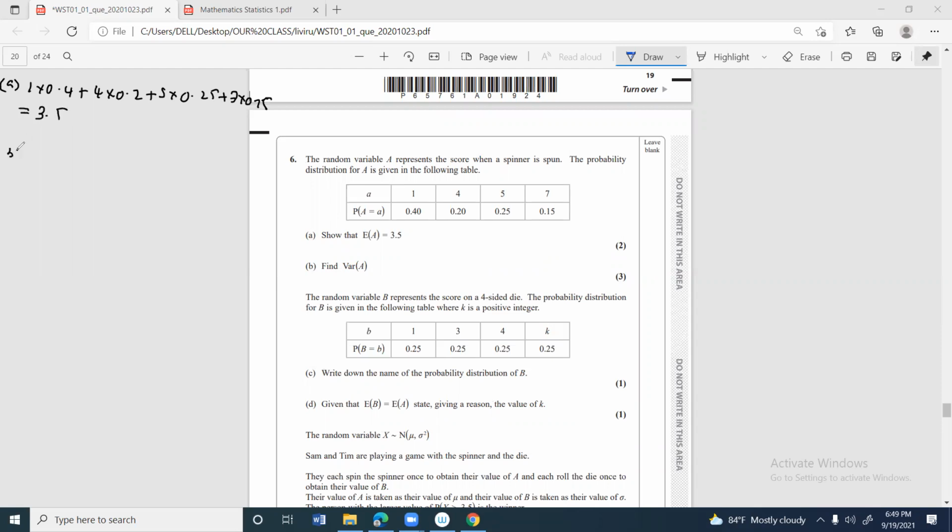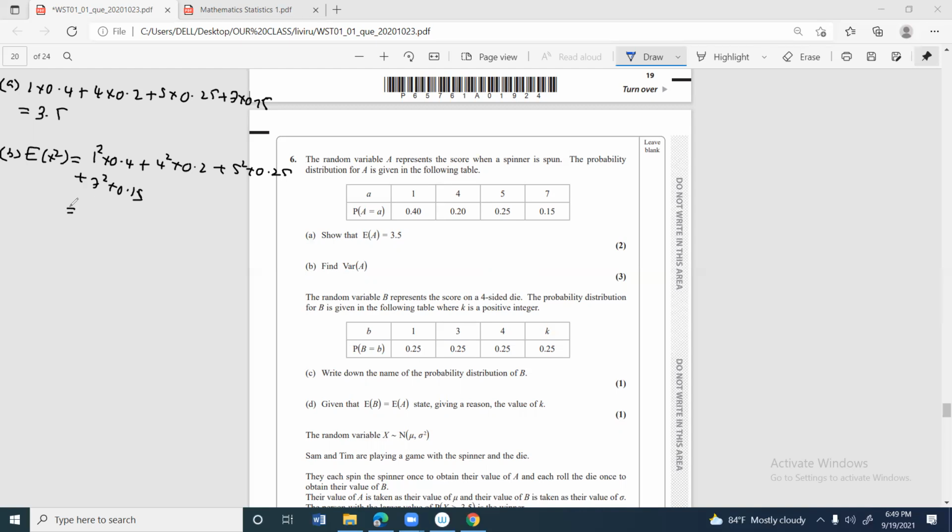Then part B, we find the variance of A. To find the variance, initially we find E(X squared). How to find E(X squared)? 1 squared into 0.4 plus 4 squared into 0.2 plus 5 squared into 0.25 plus 7 squared into 0.15. That is, this one squared into this, this one squared into this, and this one squared into this.